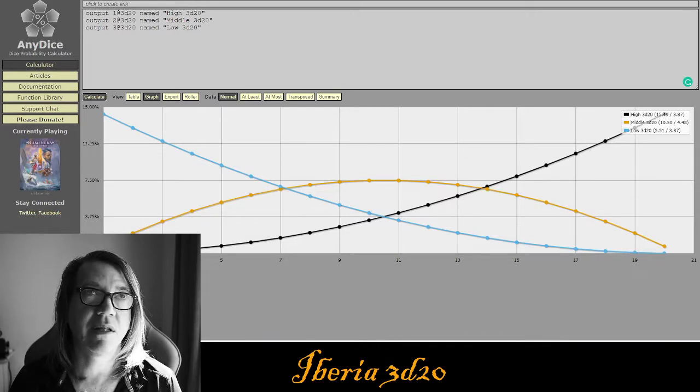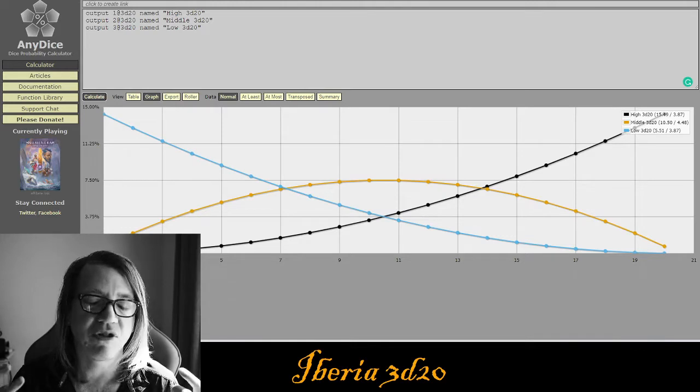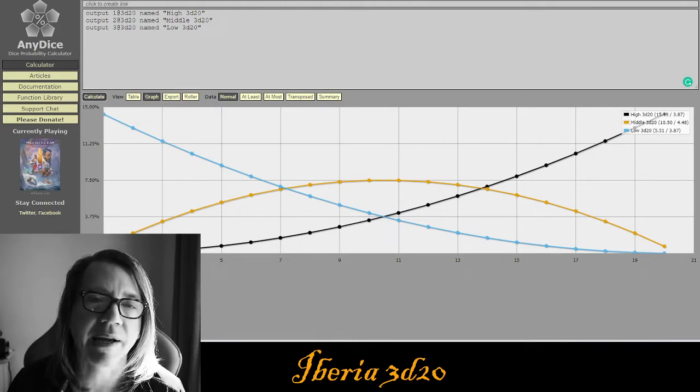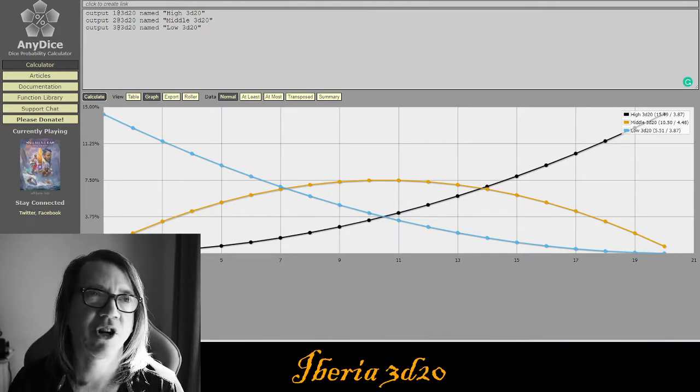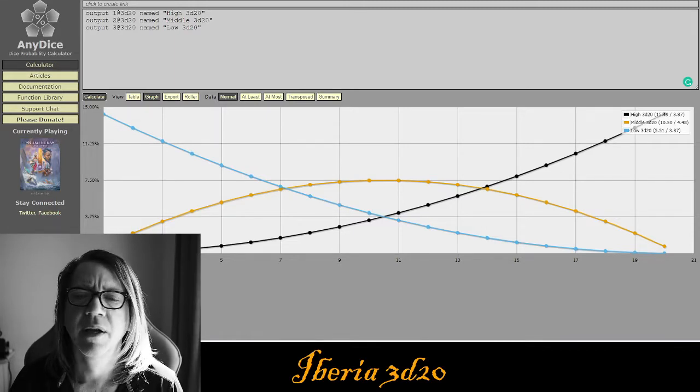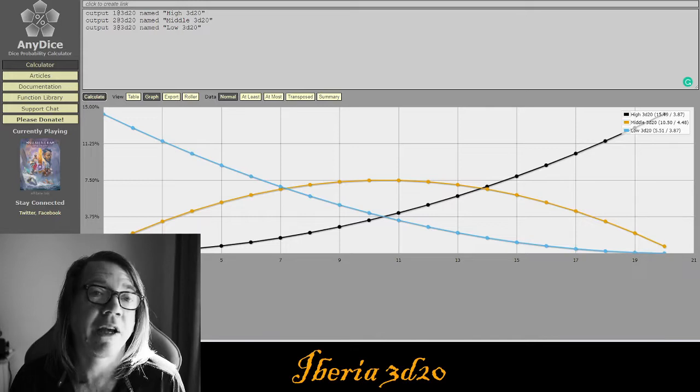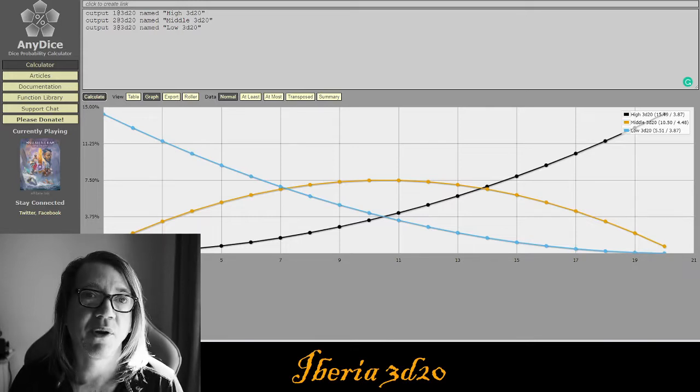I want the rules to fit the narrative. I don't want to interrupt the narrative or the storytelling to jump into some heavy, crunchy mechanics that are going to slow the game down, and now we're rolling dice and just adding a bunch of numbers together. I like crunchy games. I'm a big war game player.